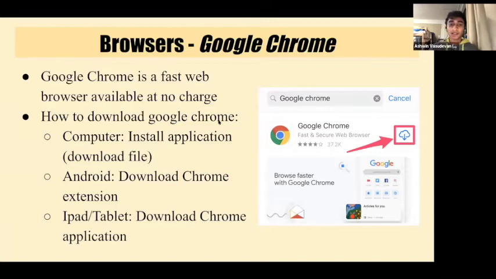It'll be really similar to download a different browser if you already have Google Chrome. You would just type it up, search for the extension, and click download. Once you download Google Chrome on your computer, you should be able to get the app on your phone and your other devices and open it up there too.